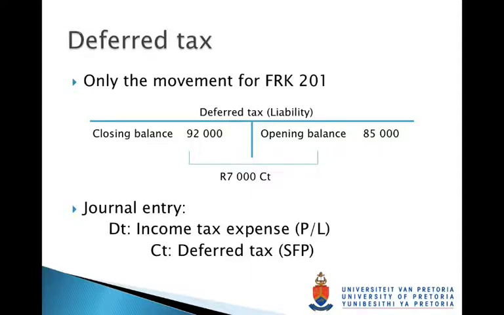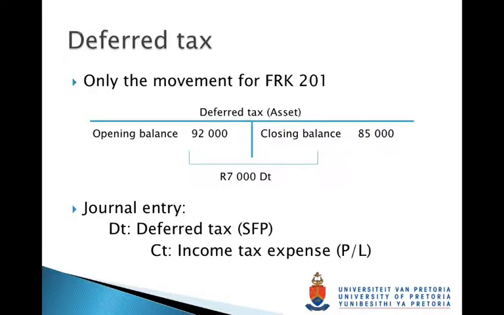And then another example. If it is a deferred tax asset, we tell you, for example, the opening balance is now 92,000 on your debit side because it is an asset, therefore it has a debit balance. And the closing balance is 85,000 Rand. Therefore you have a movement of 7,000 Rand. That is an increase.